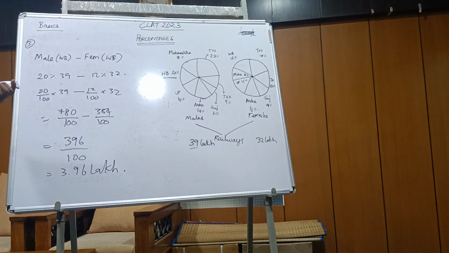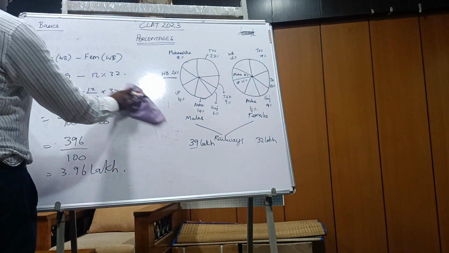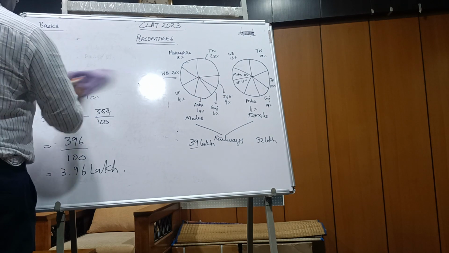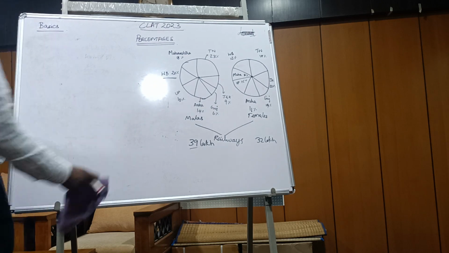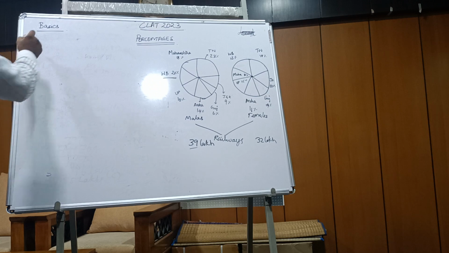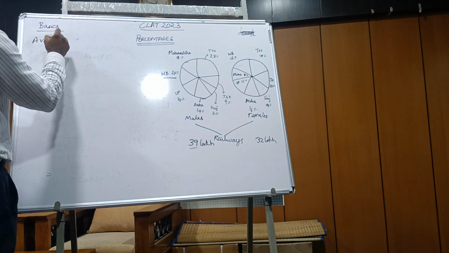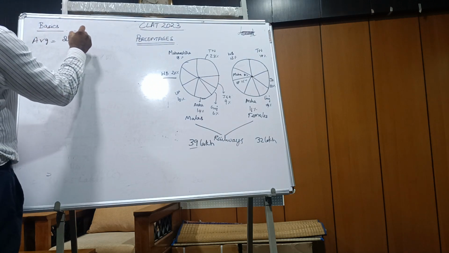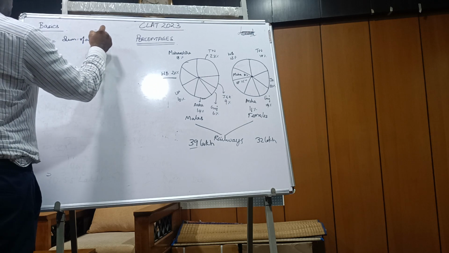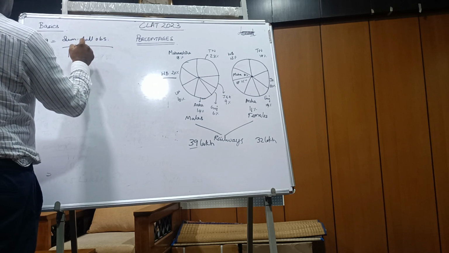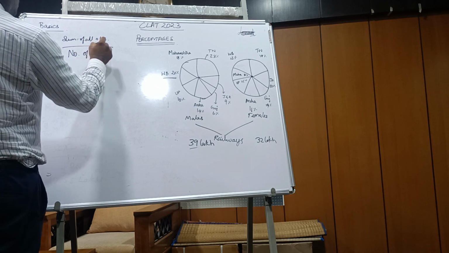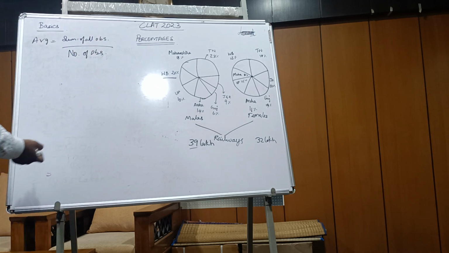So you go to the next question. Find the approximate average number of male employees from the 7 states mentioned above. So what is the concept of average? Average is the sum of all observations divided by the number of observations, right?